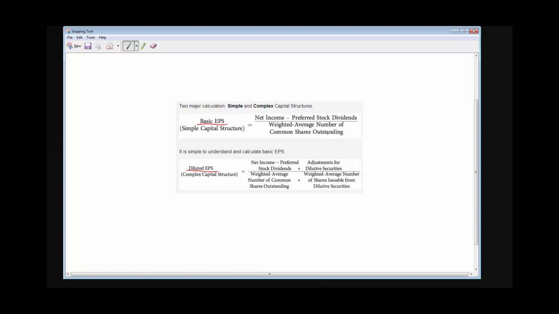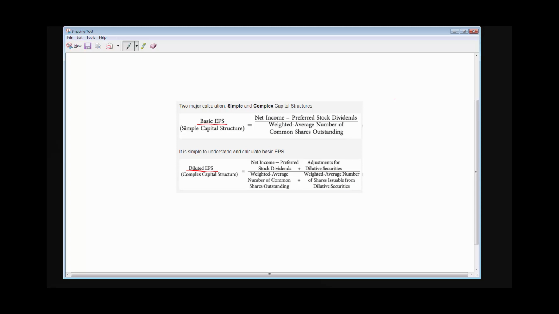And earnings per share is a direct and intuitive way to show the profitability of a company. It tells the investors how much profit the company generated during a calendar year or during a period of time for each share of ownership.